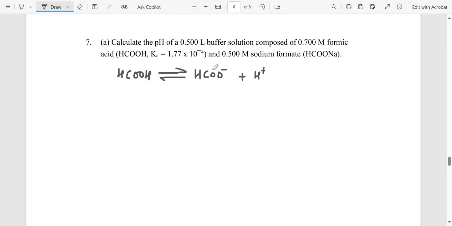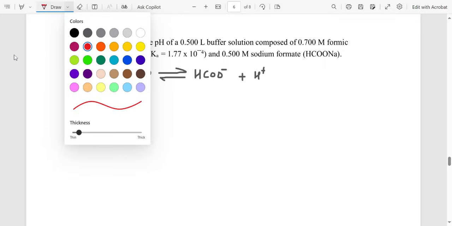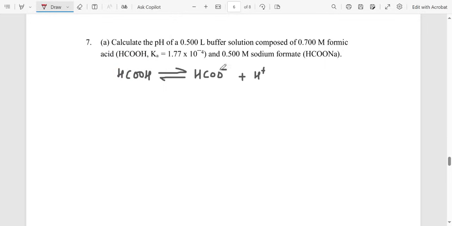Now you just don't want this negative to be there. That's why you end up attaching a sodium there. Remember I said that for bases, you always attach a group 1 atom so that you just neutralize that charge. So this is the acid, and then this is the conjugate base.